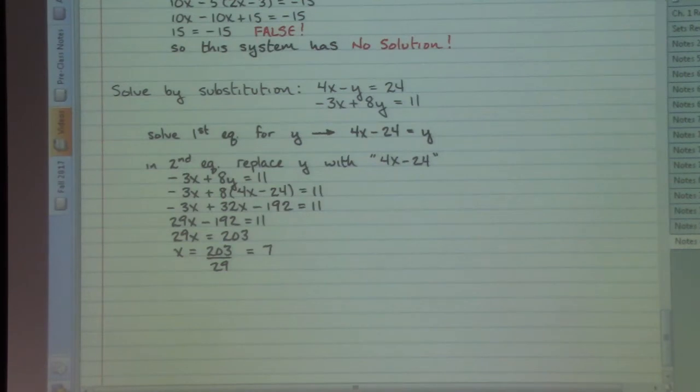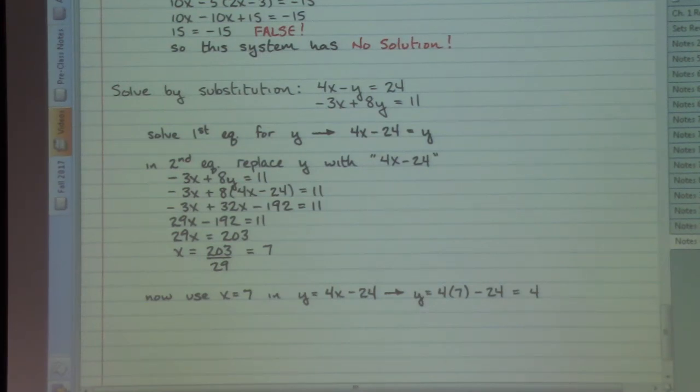So now we would want to use the x equals 7 in, well, from that very first step that we took, we have y equals 4x minus 24. That'll get us the y value that we need, which is the other half of our point of intersection. So y equals 4 times 7 minus 24, which would give us y equals 4.